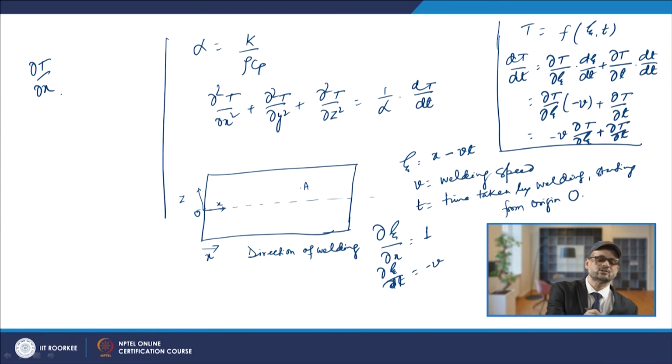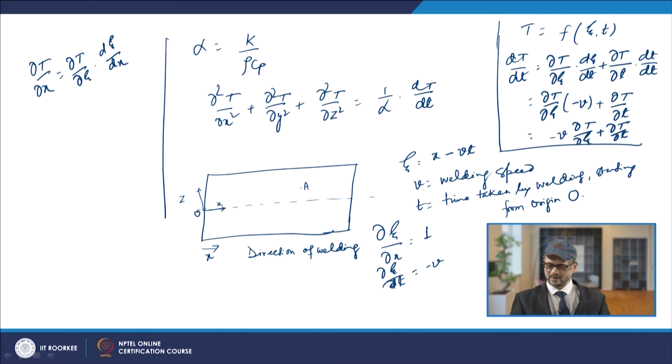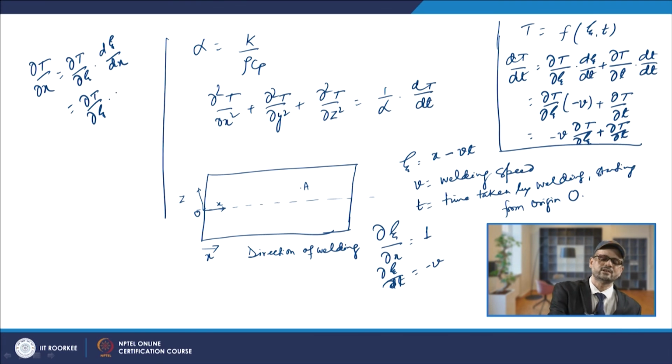We have already seen that d zeta by dx is 1 itself. So we are getting dou T by dou x is dou T by dou zeta.